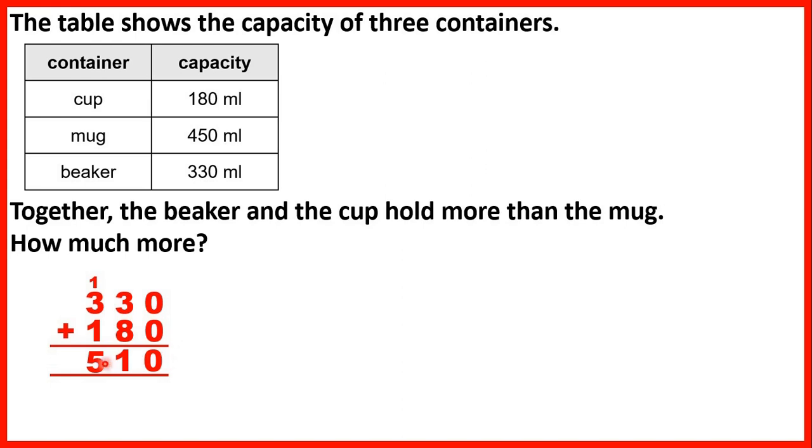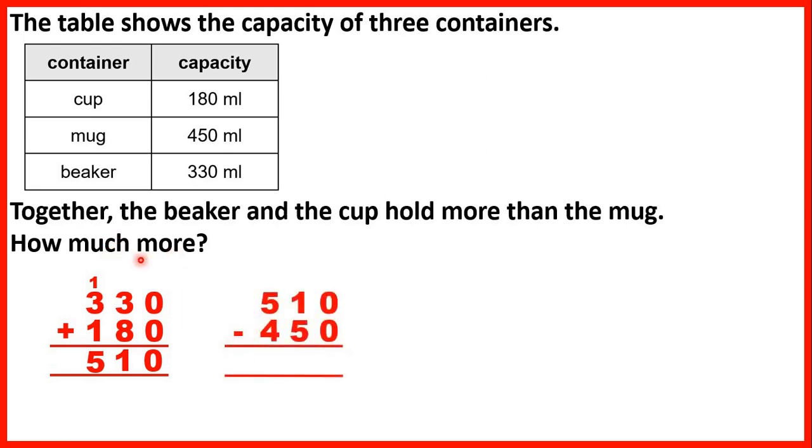But we want to know how much more 510 is than 450, because 450 millilitres is the capacity of the mug. So we need to find the difference, and we find the difference using subtraction.